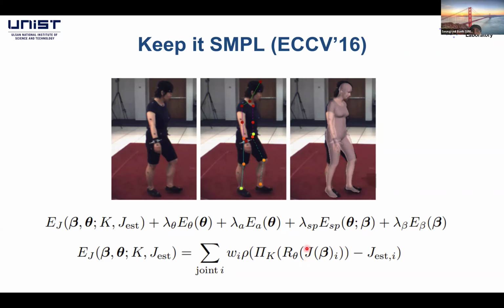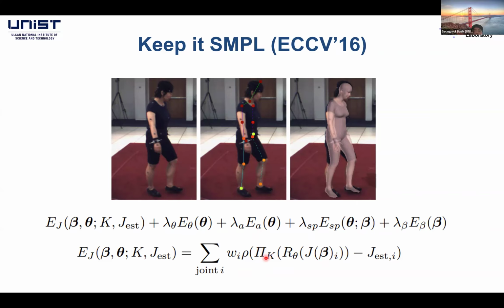And I don't know the exact formulation, but maybe this is the shape blending, and this might be the pose skinning. By doing this we can have the posed meshes, and then we can project that into the 2D space. This is differentiable.